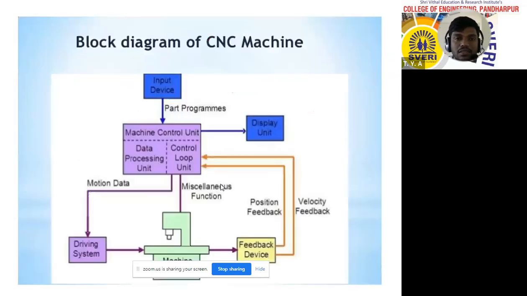Now you can see this is the block diagram of a CNC machine. You should know that all these components are present in any CNC machine. The first block is the input device, in terms of our part program.